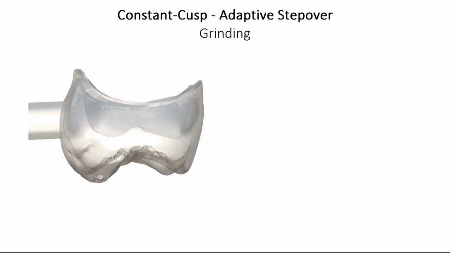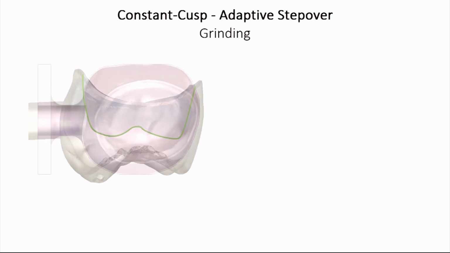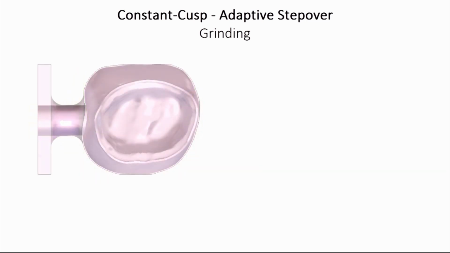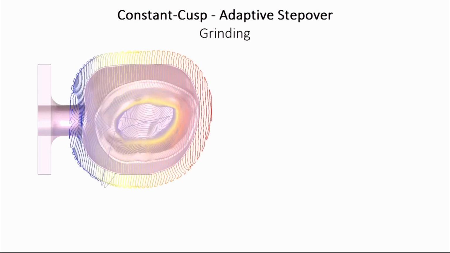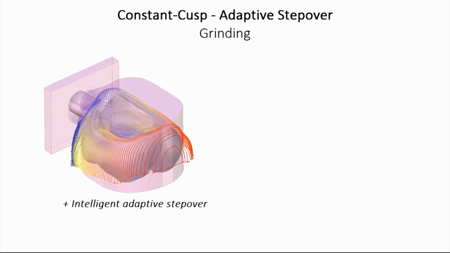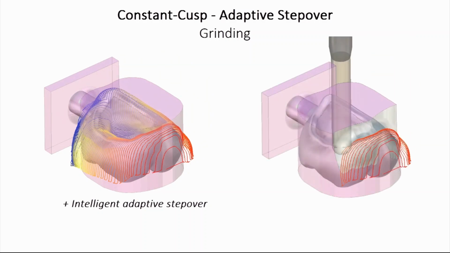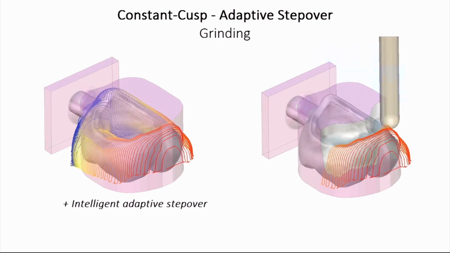The algorithm constantly analyzes the stock. So here we have a crown with these kind of deep shapes again, and the algorithm analyzes the stock in front. So it knows at these areas we are going into deep materials, and it reduces the step over accordingly.